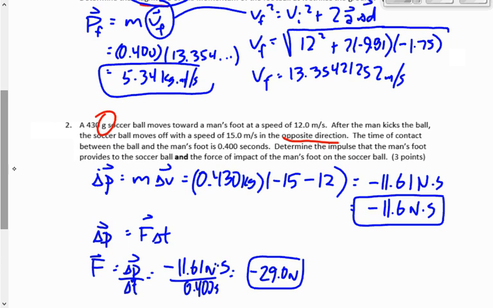That's going to help you out with that question when you see it. Force is always equal and opposite as well, right? If the force on the soccer ball is negative 29, well, then the force on the foot would be positive 29, right? I don't remember if the equal and opposite force thing appears on tomorrow's test or not. I do remember the equal and opposite impulse thing does appear on the test.